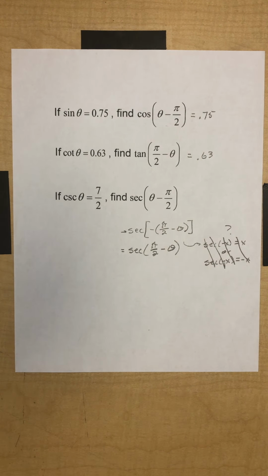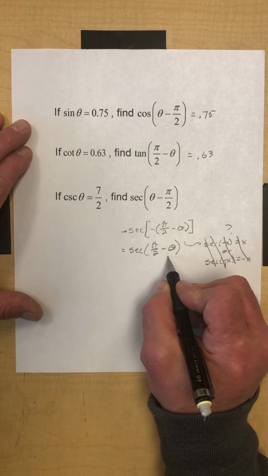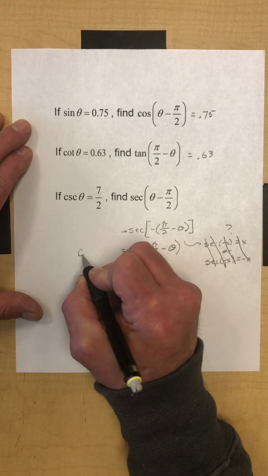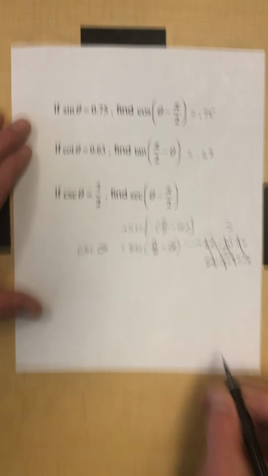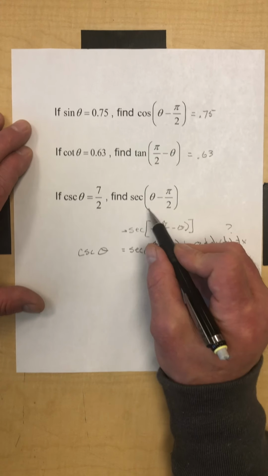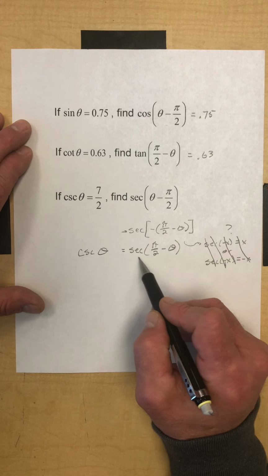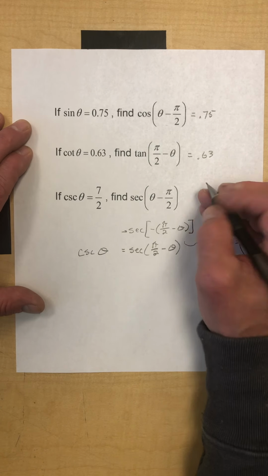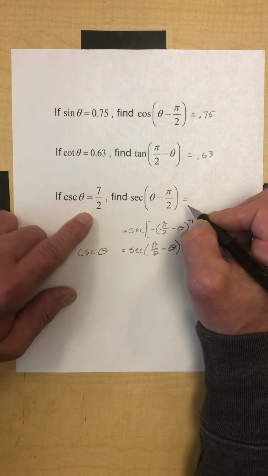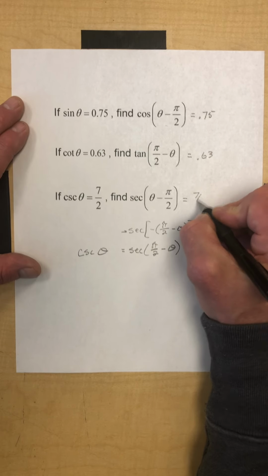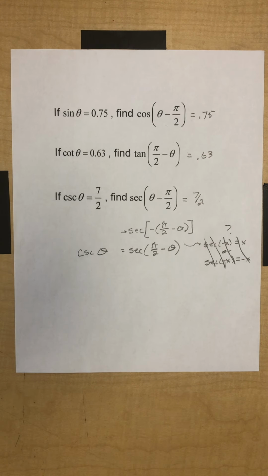So that means that this guy right here has to be the same as the cosecant of theta. So if the secant of theta minus pi over 2 is the same as the secant of pi over 2 minus theta, this guy has to be equal to the cosecant of theta, or 7/2. Then we're in good shape.